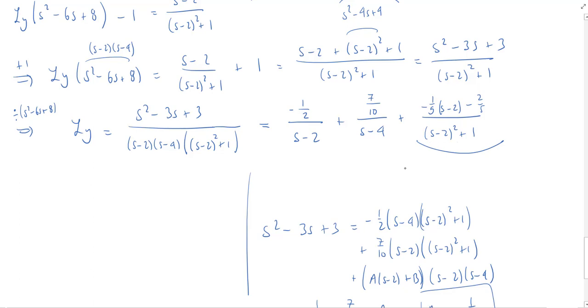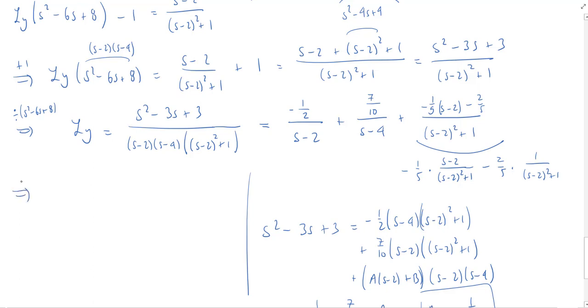So one of them is negative 1/5 times s minus 2 over s minus 2 squared plus 1. This puts it exactly into the form of the table along with the first shifting theorem. Then we have minus 2 over 5 times 1 over s minus 2 squared plus 1. Again, putting it into the form that we're going to need from our table.